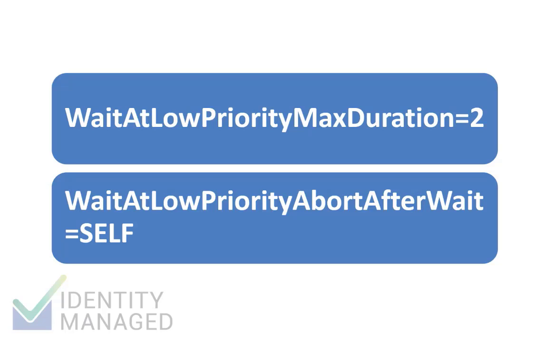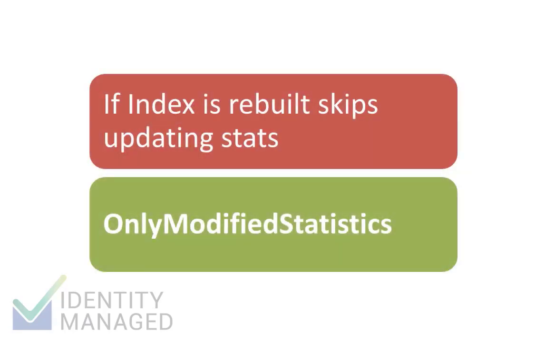You can just keep waiting, or you can abort your own index optimization process for that index, or you can kill the blockers. You can kill the transactions that are blocking your rebuild. I recommend self, so that if one night an index is being locked because there's operations going on, then you skip it and you'll pick it up the next night or the one after that. If the index is rebuilt, Ola Hallengren's solution skips updating the statistics, which is nice. It will also deal with only the modified statistics when it goes along and updates things.